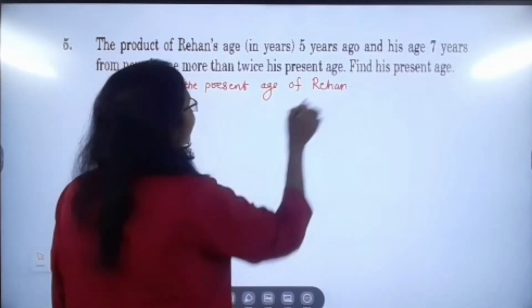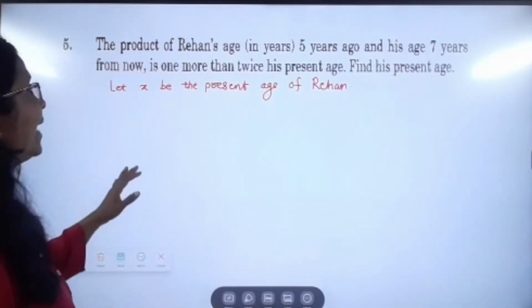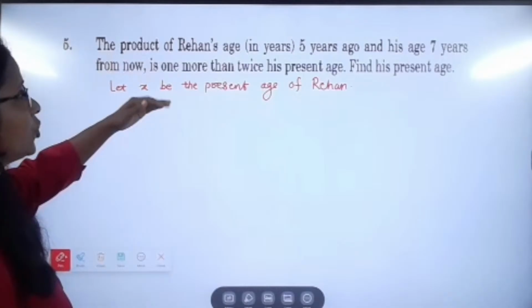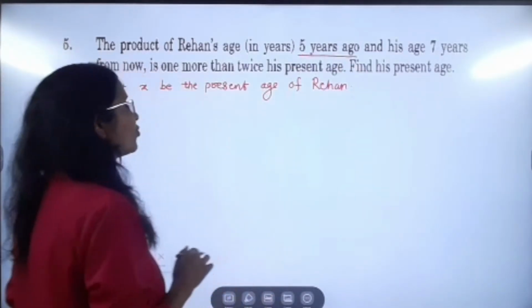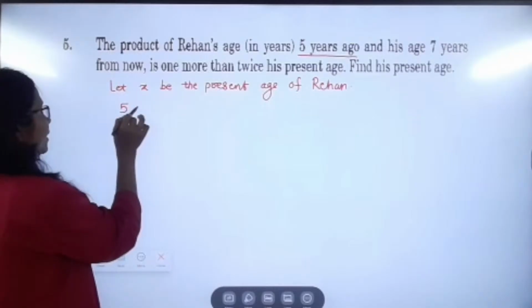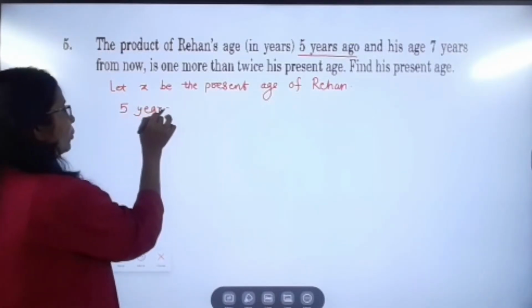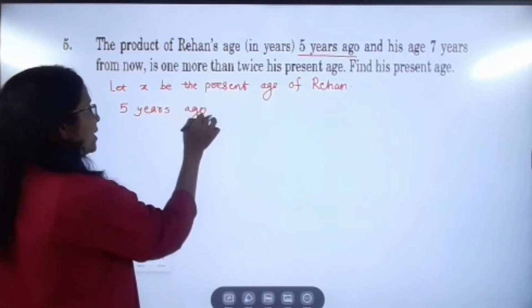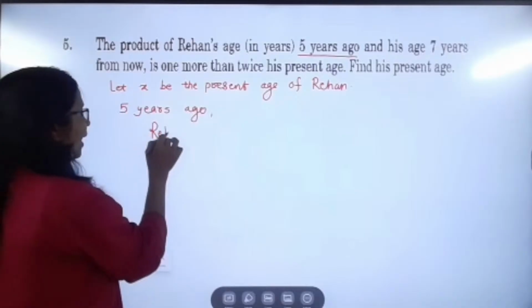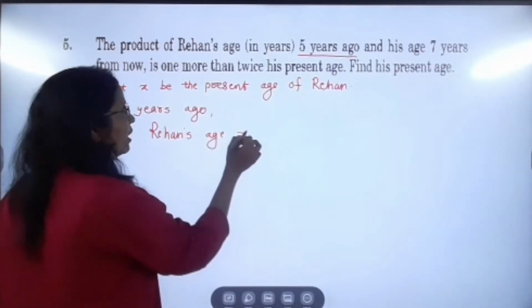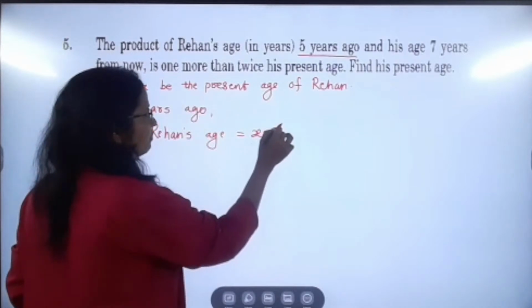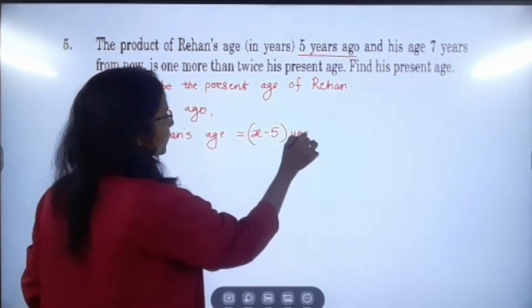Okay. Now here they say Rehan's age 5 years ago. So I write down that 5 years ago, Rehan's age is equal to x minus 5 years.